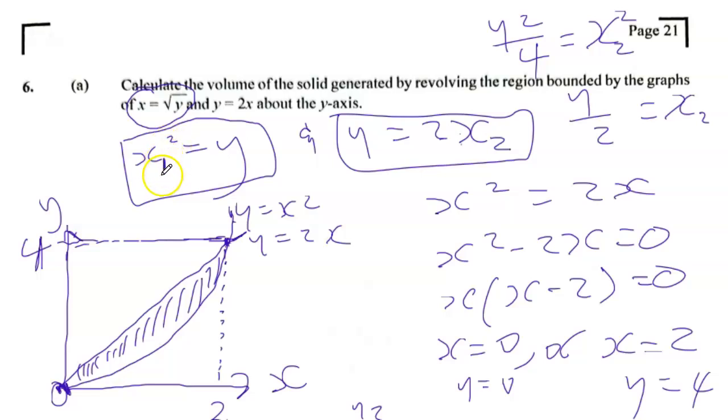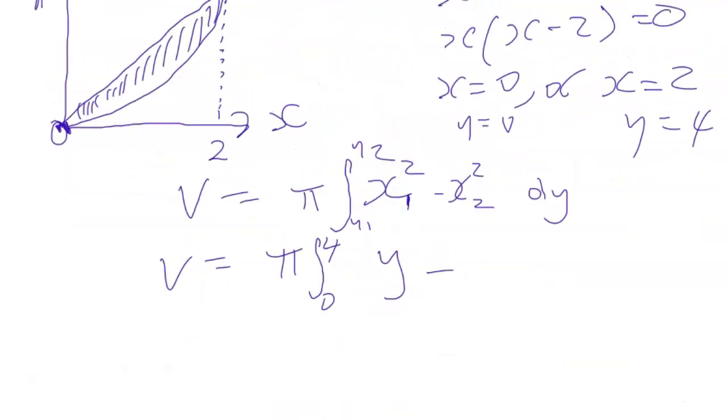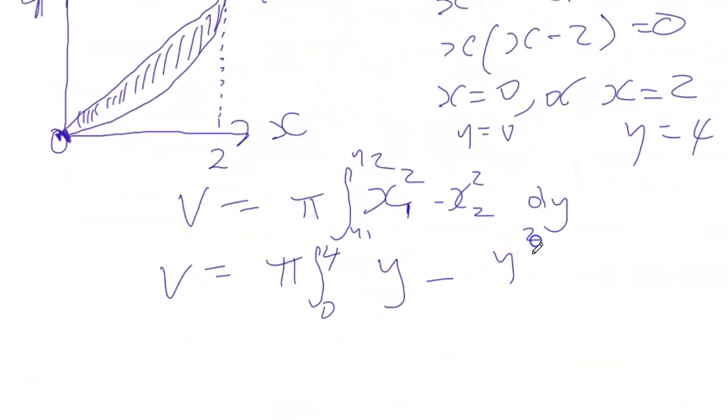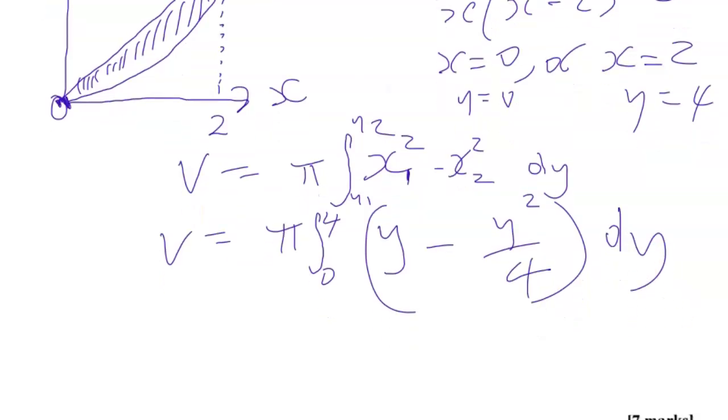So x1 is the x term in the curve, and x2 is the x term in the line. So squaring this, we get x squared equal to y squared over 4. So we end up with y squared over 4 dy. We're going to integrate with respect to y, meaning we add 1 to the y power and divide by the new power.